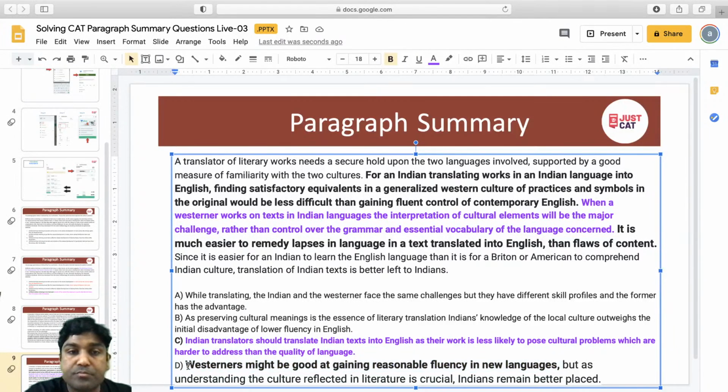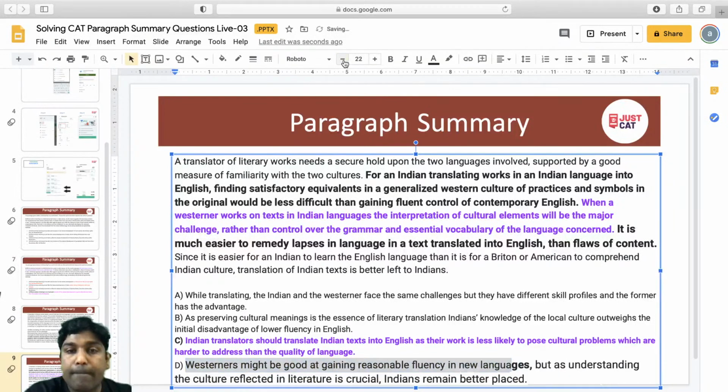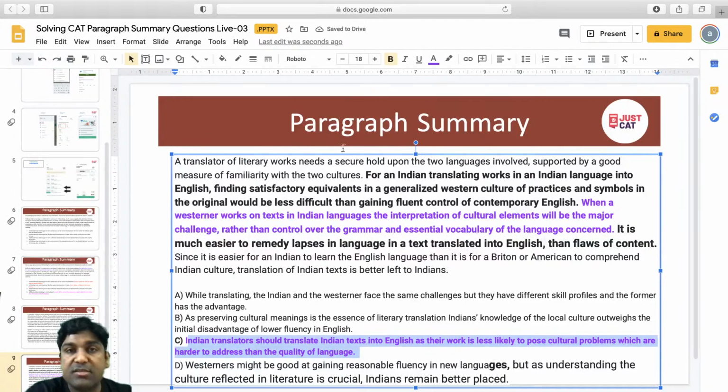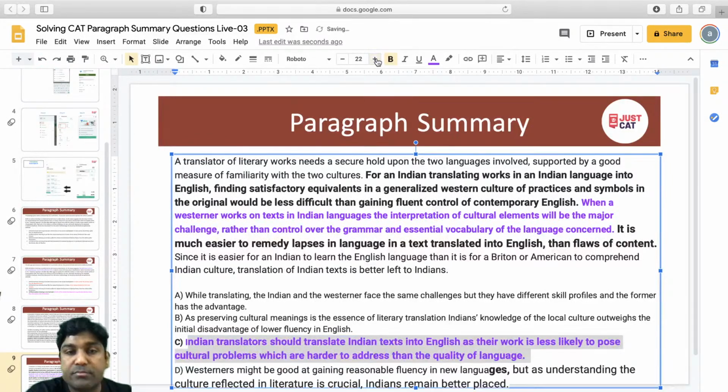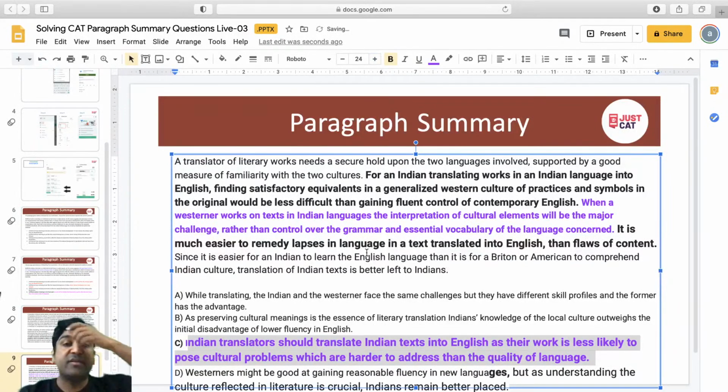All right. Taking down D so that it doesn't look like it's correct. So this is the right answer. C is the right answer: Indian translators should translate Indian text into English as their work is less likely to pose cultural challenges.